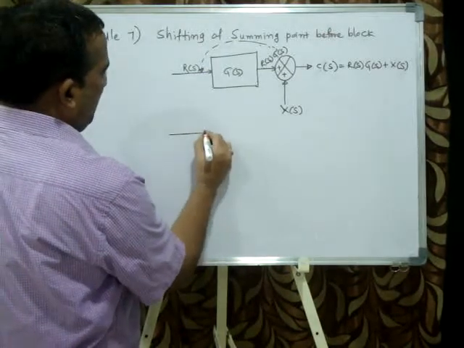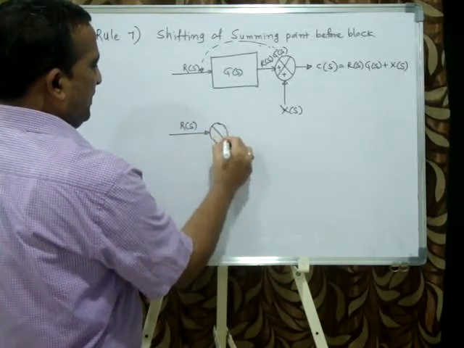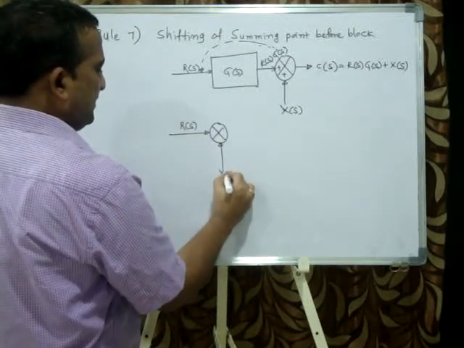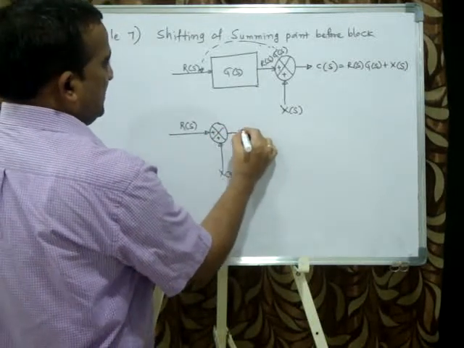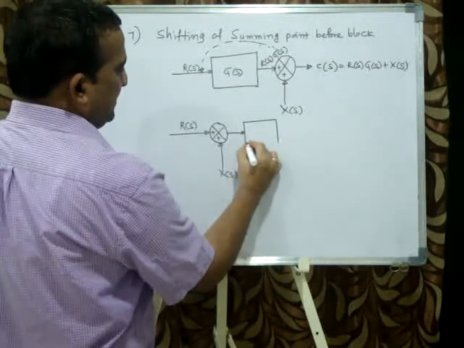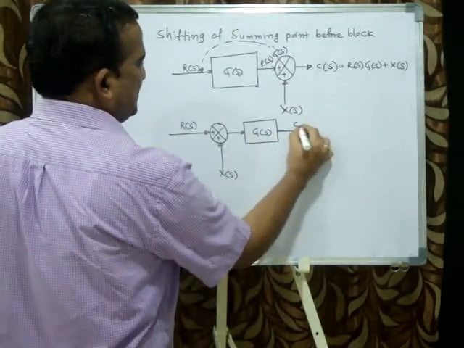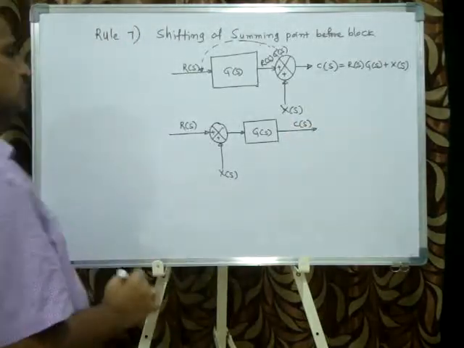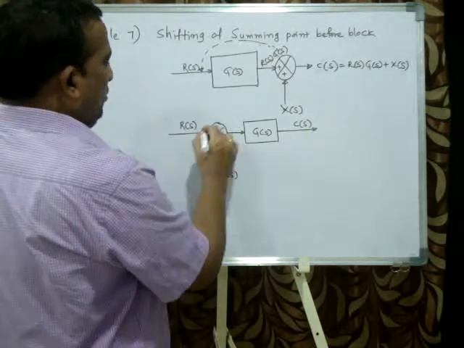Now this is R of S. Here this is X of S, and here plus, and here G of S, here C of S. Now what is the input here?